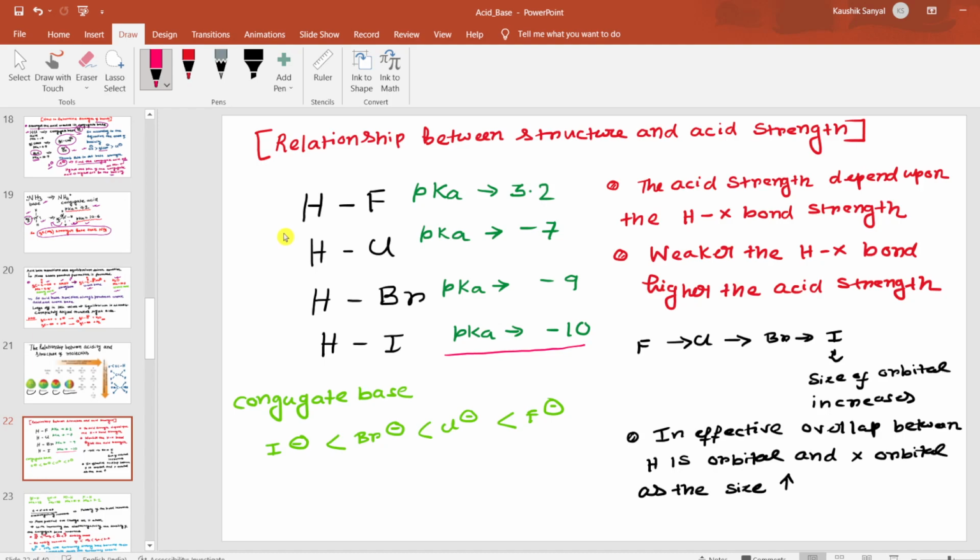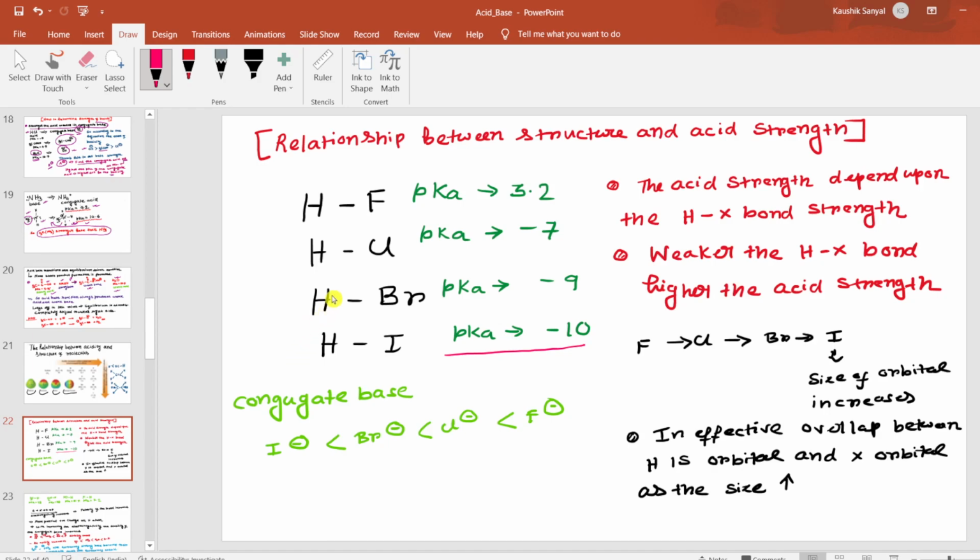If you want to know why, you can go back to my previous lecture, where you can understand the relationship between the pKa value and the acid strength. Coming back to this lecture, as we go from hydrofluoric acid to hydrogen iodide, the pKa value decreases, so the acid strength increases from hydrogen fluoride to hydrogen iodide. Now what is the reason behind this?